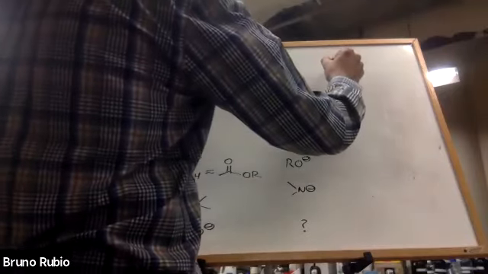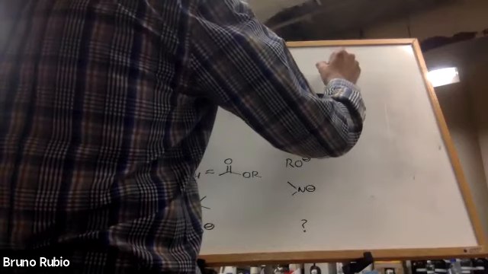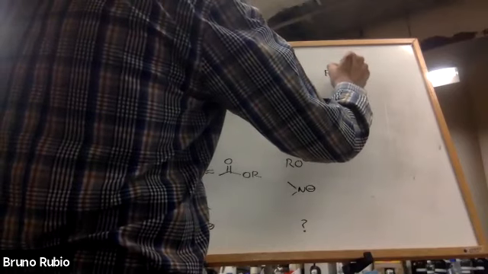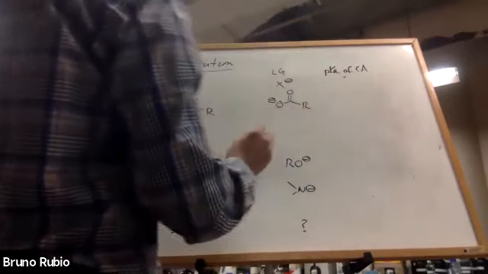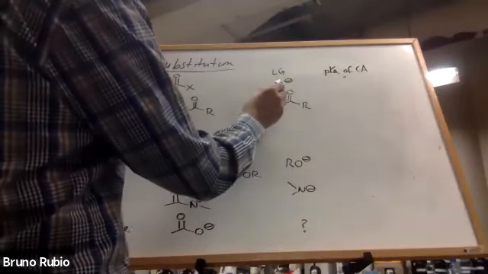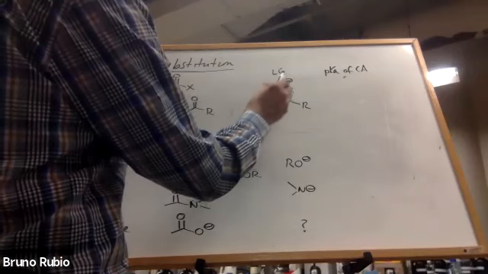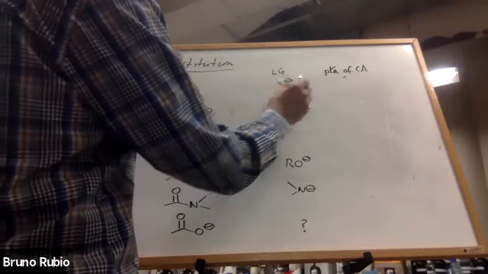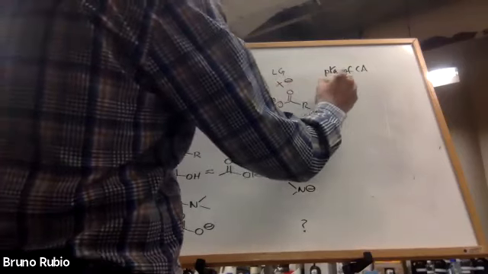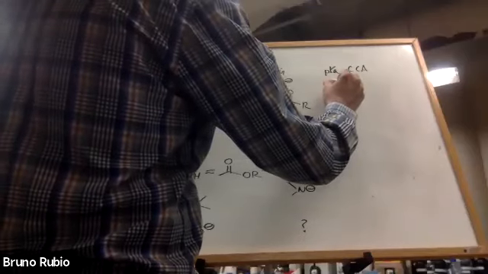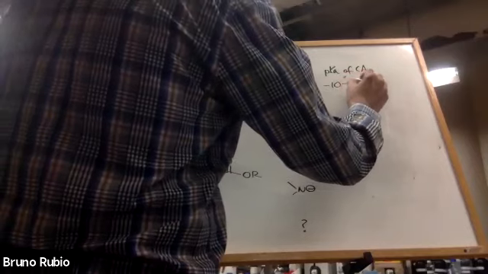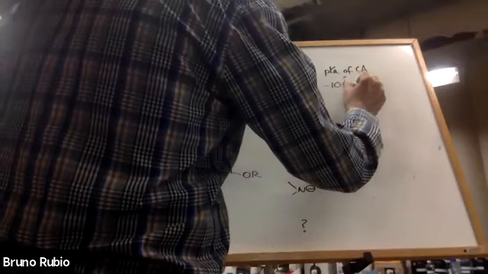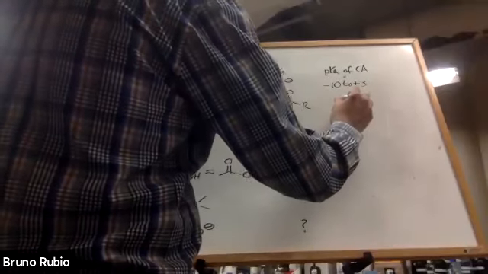This is the pKa of the conjugate acid. So this is going to be HCl or HBr or HI or HF. This is anywhere from about -10 to +3. This is a carboxylic acid.